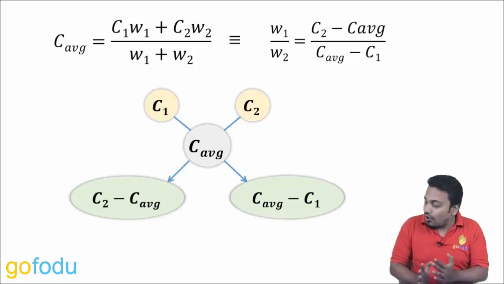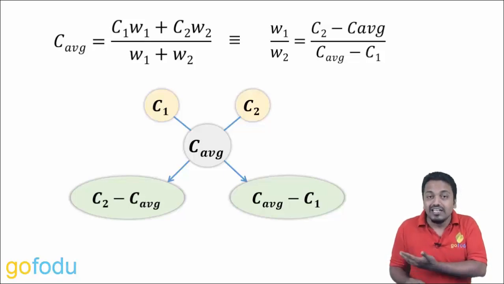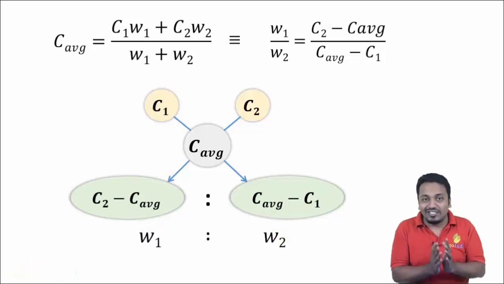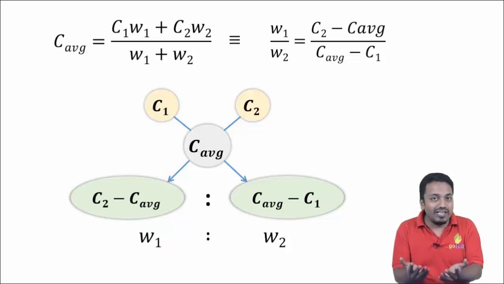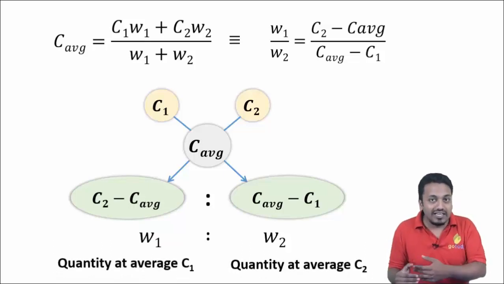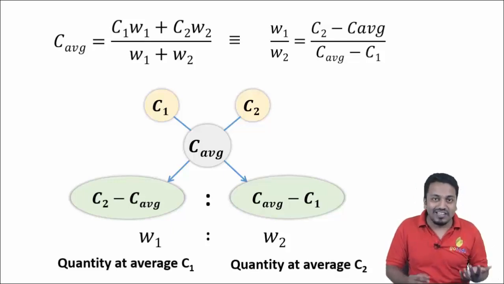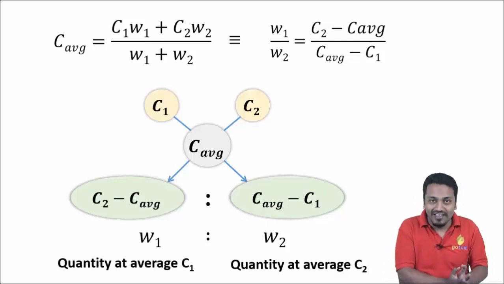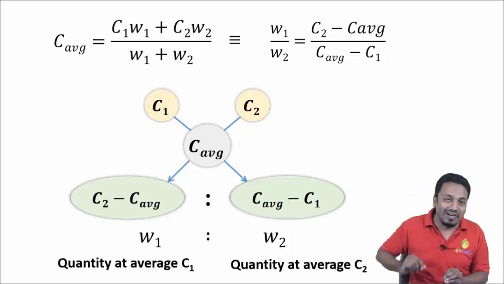Ratio of these two results that we have got on subtraction is same as W1 is to W2, where W1 is quantity of first item that has average C1 and W2 is quantity of second item that has average C2. These two ratios are equal, so the result is same that we got in the second format.